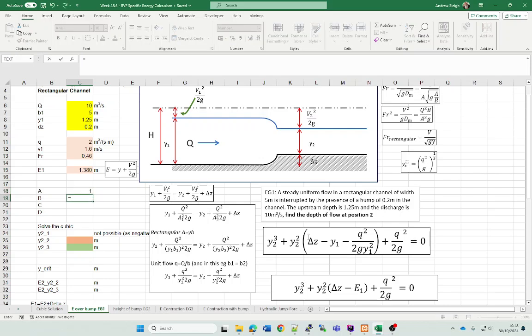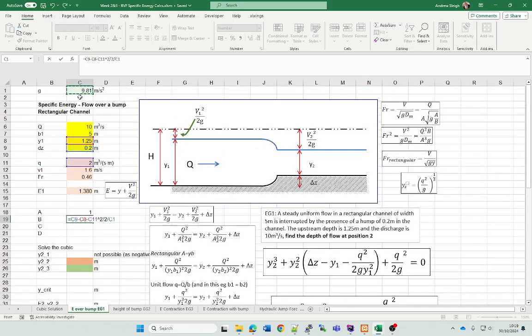B is equal to all this bracketed term here, so b is equal to delta z minus y1, minus lowercase q squared divided by 2 divided by g divided by y1 squared. You might think that formula is not right, you need to put some brackets in there, but actually this will work. You can try it yourself. Minus 1.180.